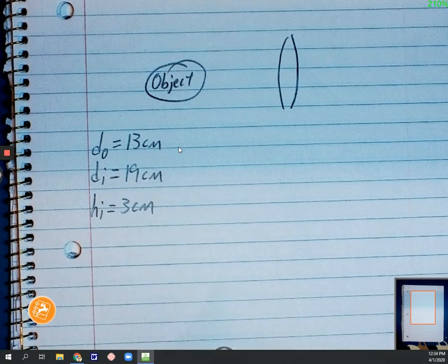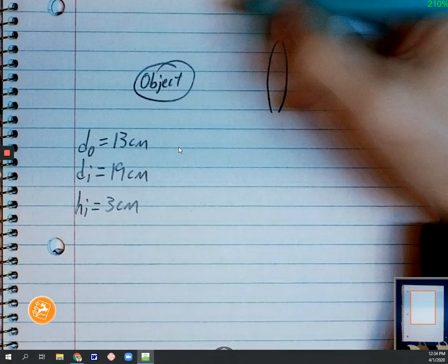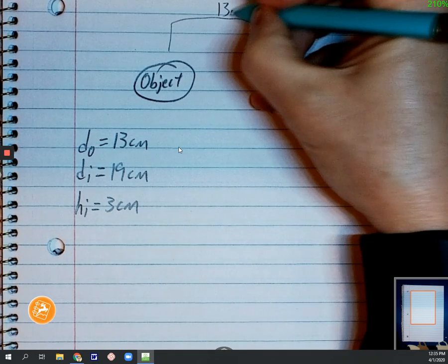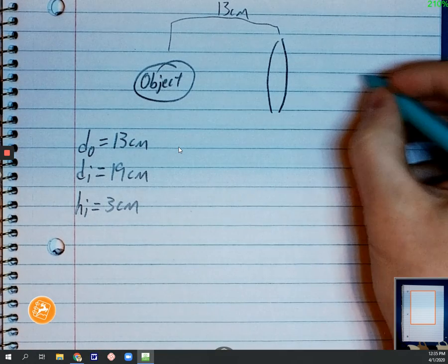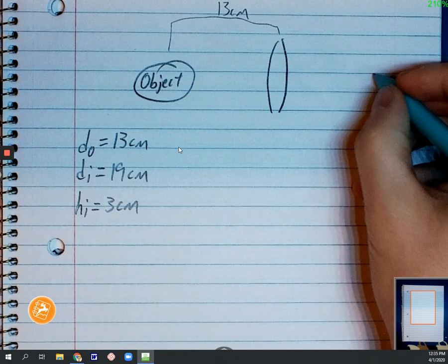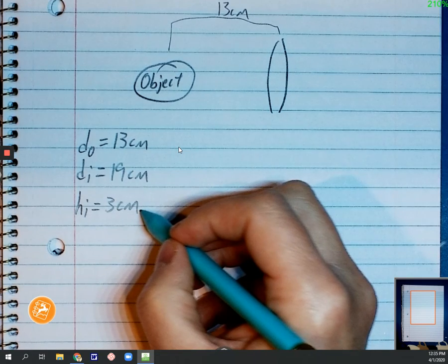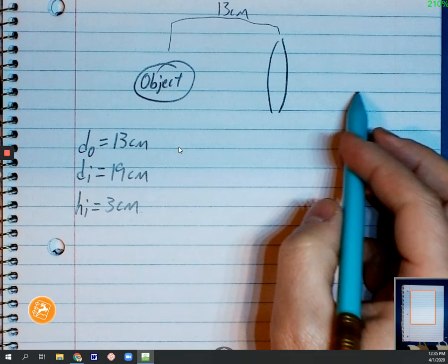It says it's a converging lens, so let me swap over to my paper here. Here's our object, here's our converging lens. The distance of the object is 13 centimeters. We know the height of the image is 3 centimeters. At this point, I'm not sure if the image is going to form on this side or on this side.